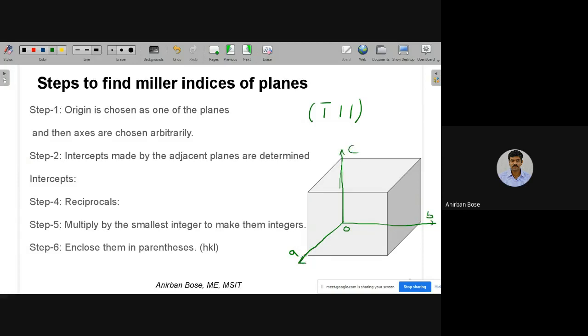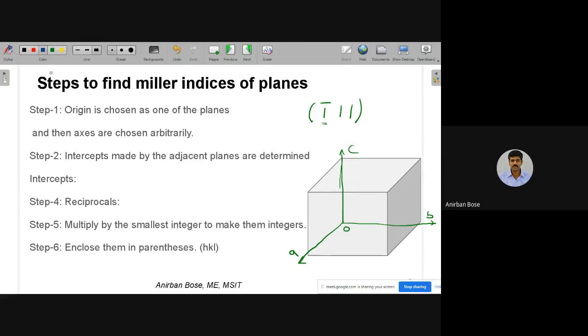Direction is very important. Here again you observe carefully that 1 is negative. So definitely you have to shift the origin. You know that if it is negative, then definitely you have to shift the origin. So along the A direction you have to shift the origin, because 1 bar is there.